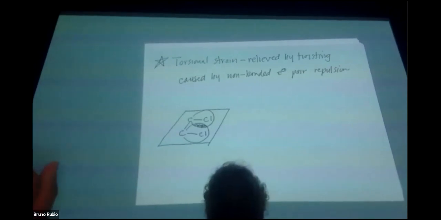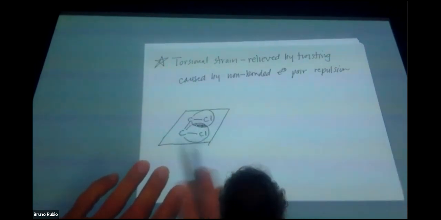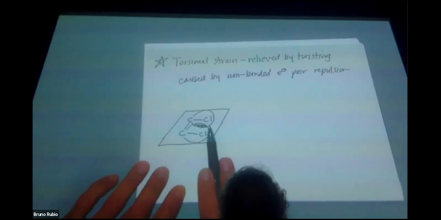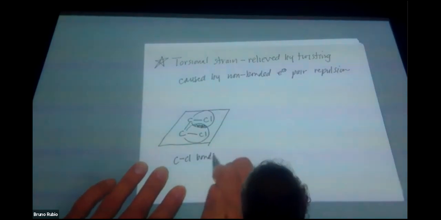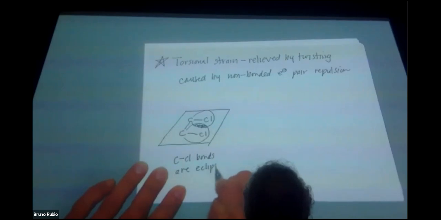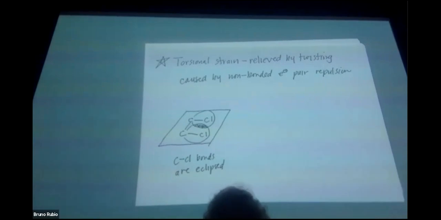When the carbon-chlorine bonds all lie on the same tabletop, we say they are eclipsed, just like when the moon gets between the sun and the earth, that's an eclipse.